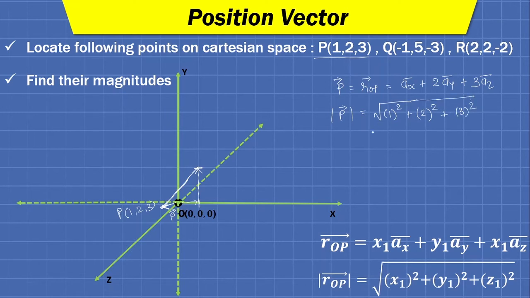So 1 plus 4 plus 9 will give you square root of 14 units.